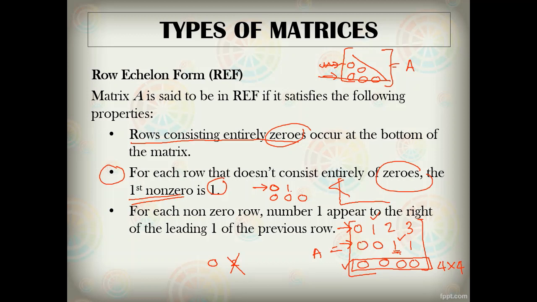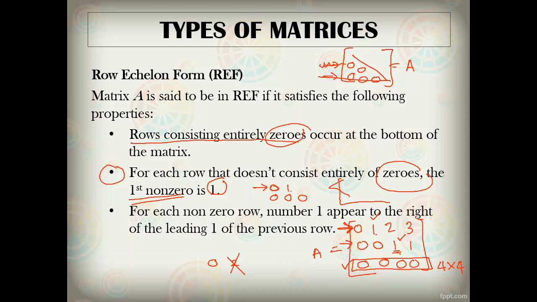So the third property: for each non-zero row, the number 1 appears to the right of the leading one of the previous row. For the first row, it is fine to start the number 1 here. But for the next row, it depends on the location of the number 1 of the previous row.